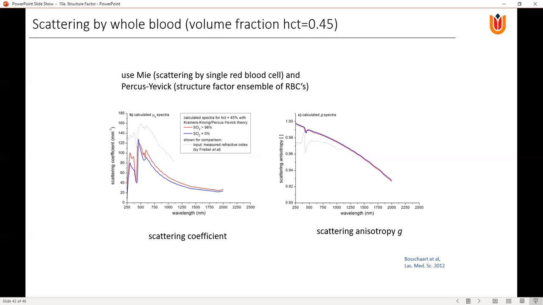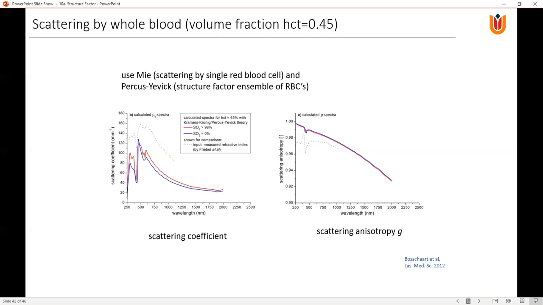I'm a bit confused. Is the G the result of the Kramers-Kronig relation of the scattering coefficient? No. These are two outcomes of the complete calculation. So we can look at them independently. Let's park this for a moment and just focus on the scattering coefficient.